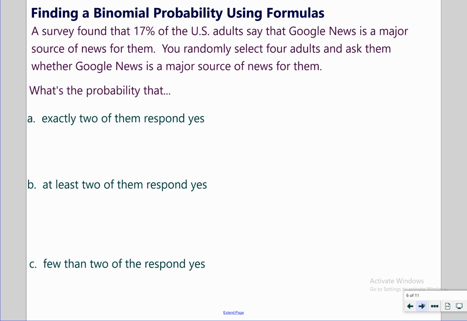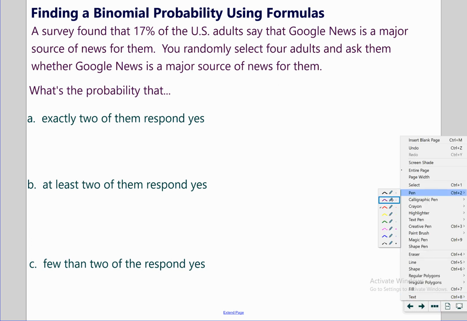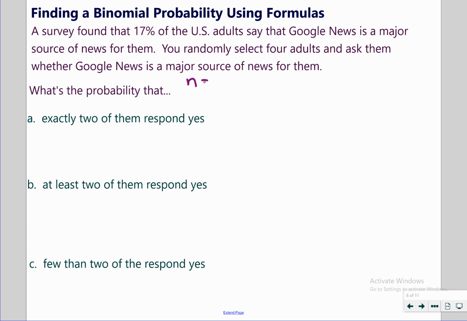Okay, so it's either a yes or no situation. It's binomial. We're asking people independently. It's independent, so we have a binomial experiment. What's n? n is 4, people being asked. p, probability of success.